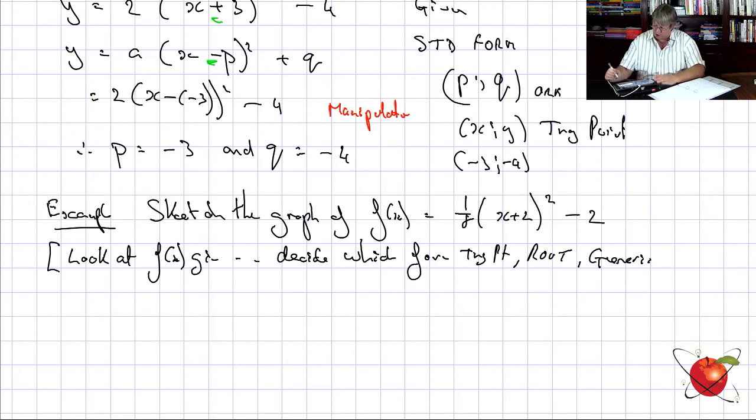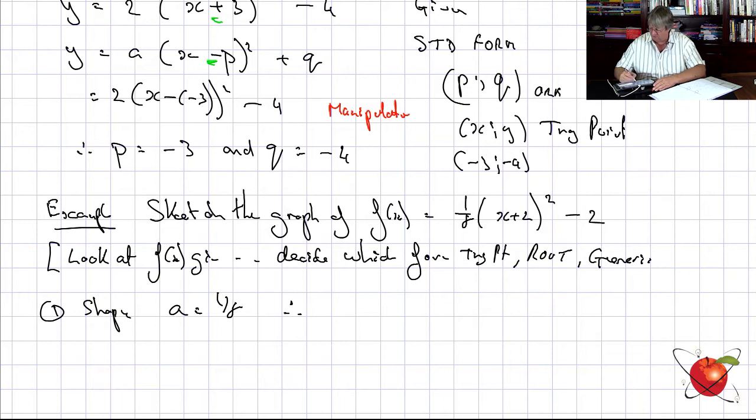Okay, let's look. This is in the turning point form. Therefore, let's have a look. We say, okay, step 1, shape. A equals 1/8. Therefore, it is a happy face. It's A is greater than 0. It's positive.